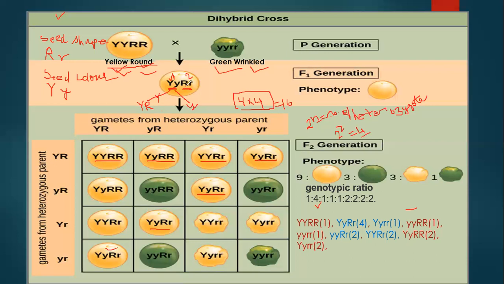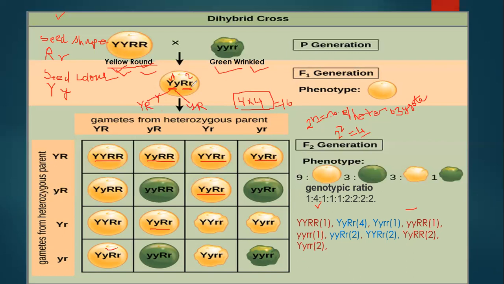But in this case, there is a concept that if the second trait is in heterozygous condition, both have the equal opportunity to combine with either of these two alleles which are present for the first trait. So this capital R can go with capital Y and also small y. So you have written like this.